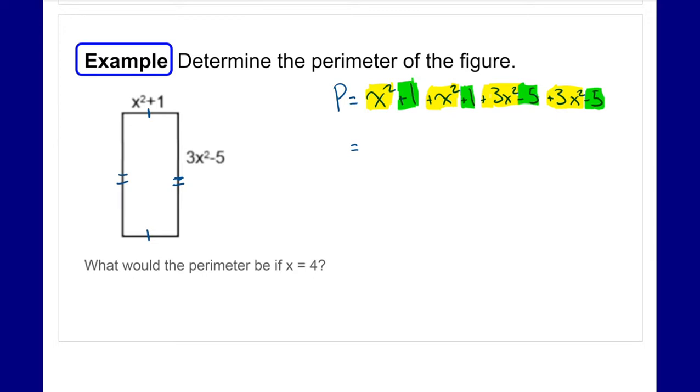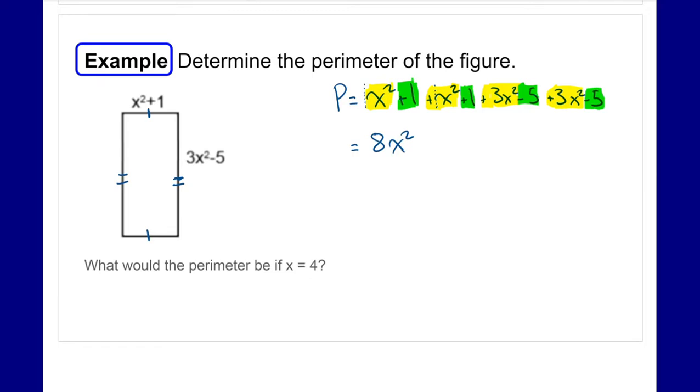So that's where we look at the individual parts. So x squared plus x squared plus 3x squared plus 3x squared. Again, in front of the x squareds, we have to remember that there's an invisible 1. There is 1 there as a placeholder. We do have 1 of the item. So 1 plus 1 is 2, plus 3 is 5, plus 3 is 8. So I have 8x squareds.